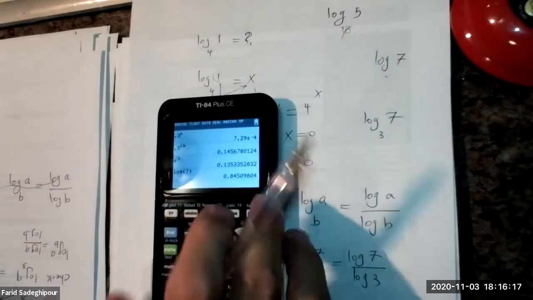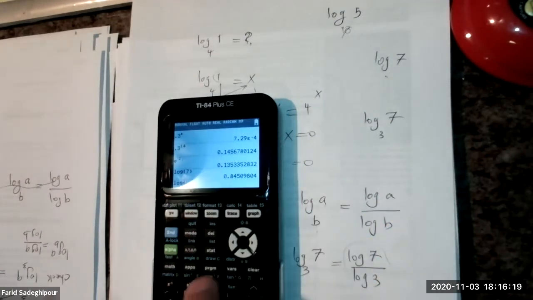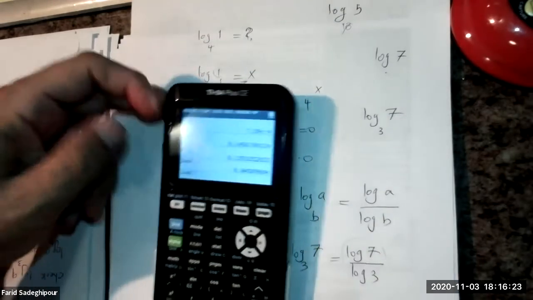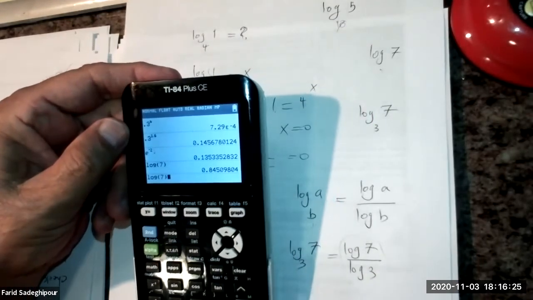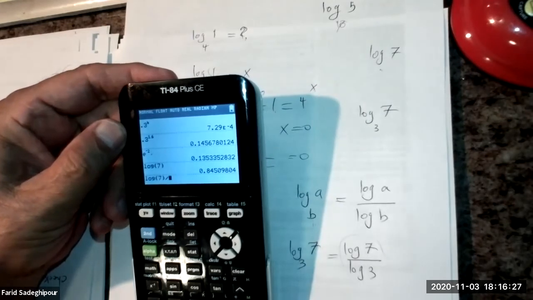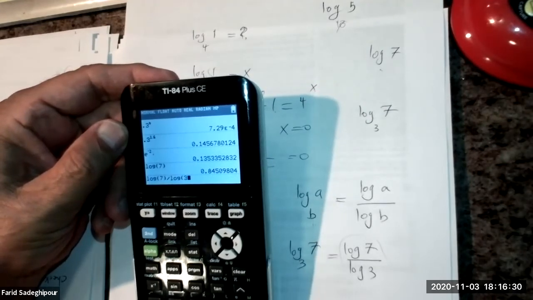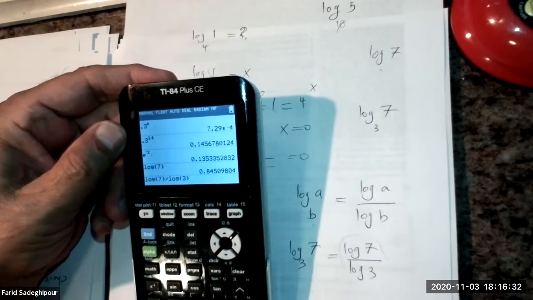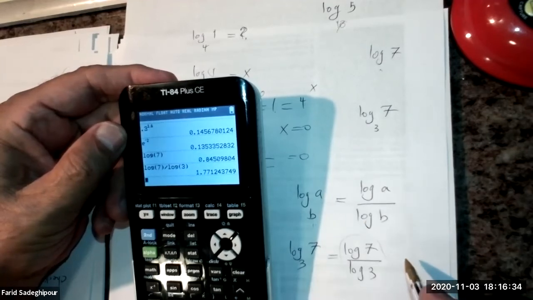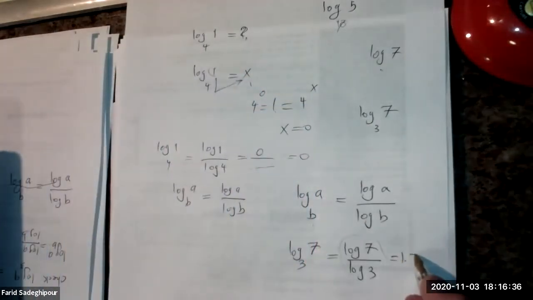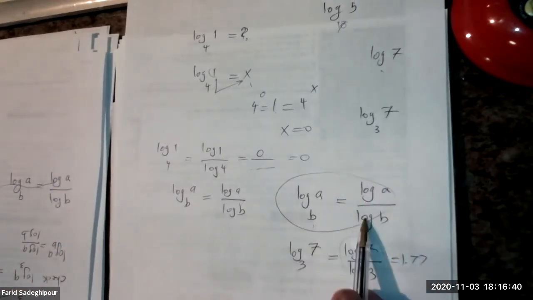To calculate that on my calculator, I put log of 7 divided by log of 3, and that gives you the value 1.77. Okay? So this is one of the formulas that you need to remember.